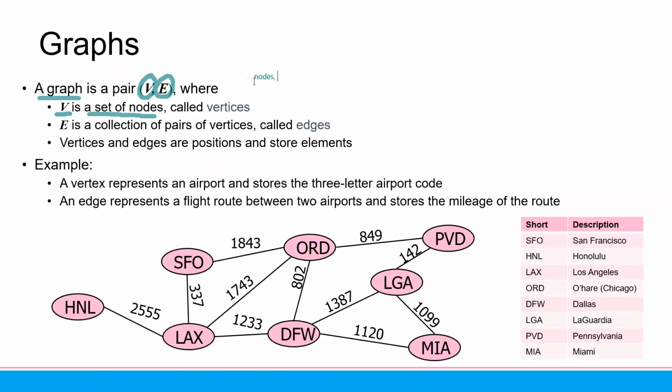In some literatures, they call it vertices. Vertices is the plural form of vertex. So vertex is singular, vertices is plural. So it means many.